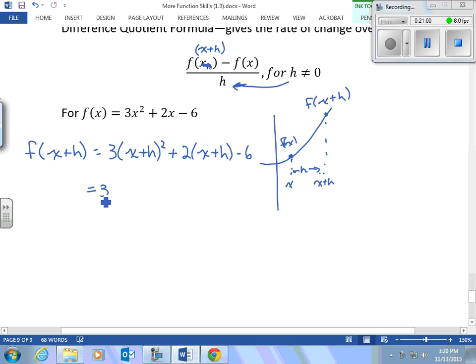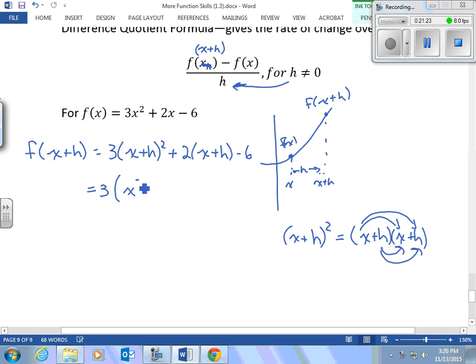So that's 3 times, if you think about what x plus h times x plus h is, remembering that x plus h squared is equal to x plus h times x plus h. Okay, and we need to multiply through all those brackets. We end up with x squared plus 2xh plus h squared, plus 2x plus 2h minus 6, because I'm multiplying through these brackets as well.